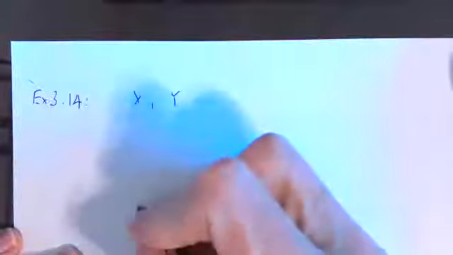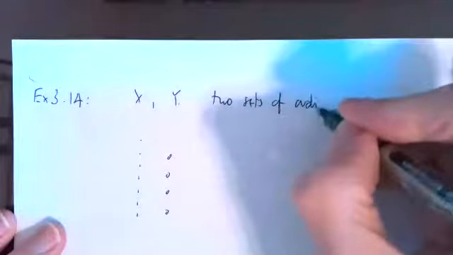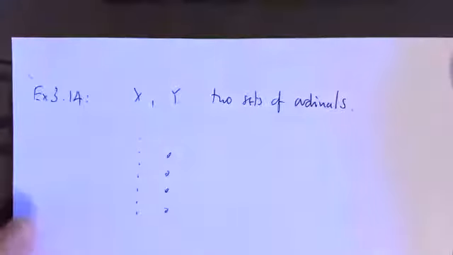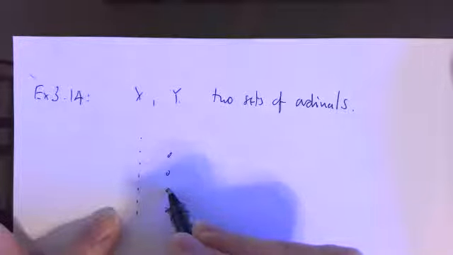So basically what 3.14 asks, it says you have two sets of ordinals, X and Y. And the point is that for every element of X, there's an element of Y that's greater than or equal to it.